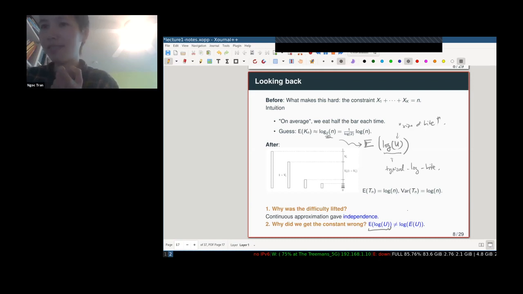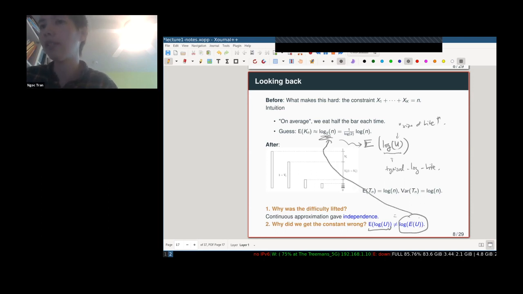Well, if you write down the two reasoning processes side by side, you find that this argument would have been correct if we actually had the equality that the expected value of log u equals log of the expected value of u, right? Sorry, I made a mistake. So this log of the expected value of u is what gave us the a half, right?